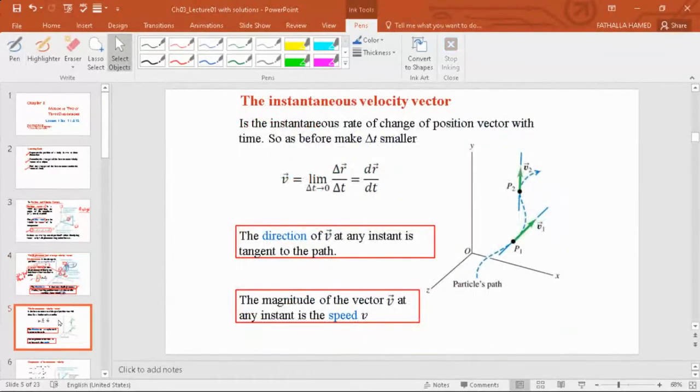Now I want to get to the instantaneous velocity vector. And the instantaneous velocity vector, like what we did in the previous chapter, chapter 2, we'll take it in the limit as delta t goes to 0 of delta r over delta t, which is equal to dr by dt.